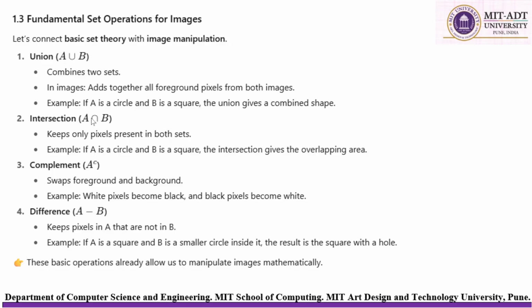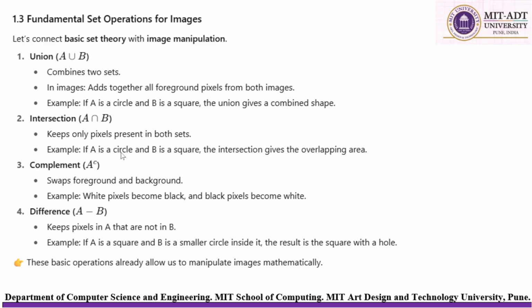Understood? Because union simply combines two sets together. So if I have two images, the union of these two images will be the combination of these two images.